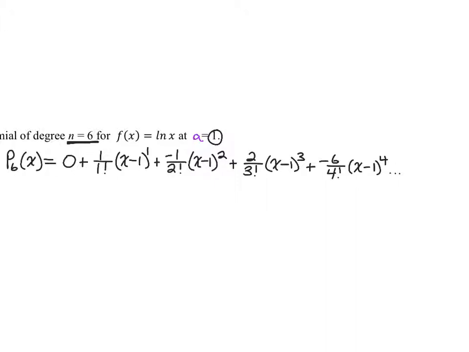So what I'm going to do is clean this up a little bit. This is going to go to 1, so I might as well just write x minus 1. The next one is going to be minus 1/2 times x minus 1 squared, plus, since 3 factorial is equal to 6, 2 over 6 is 1/3.